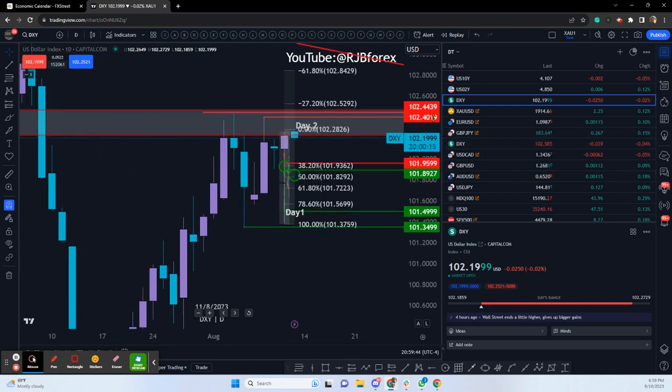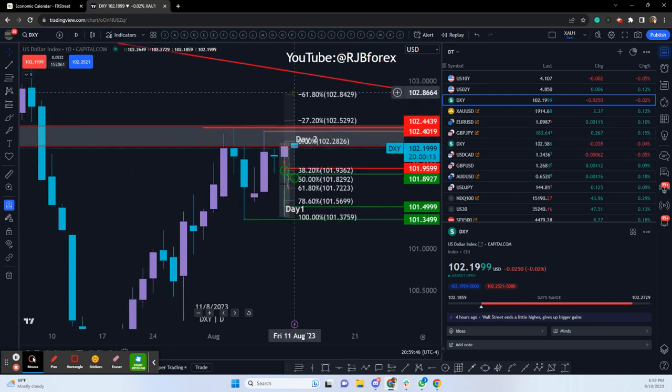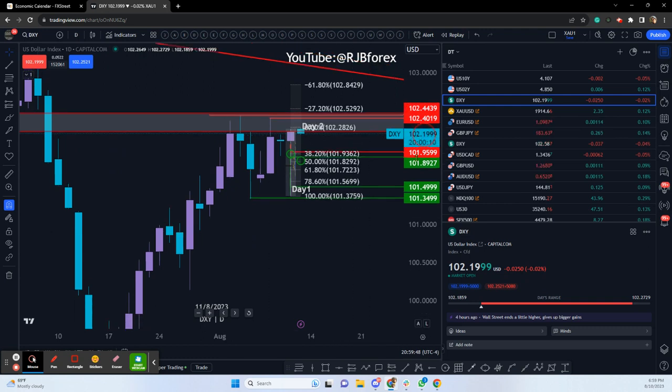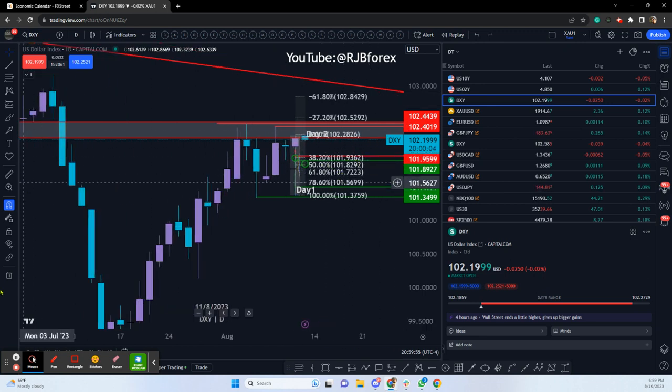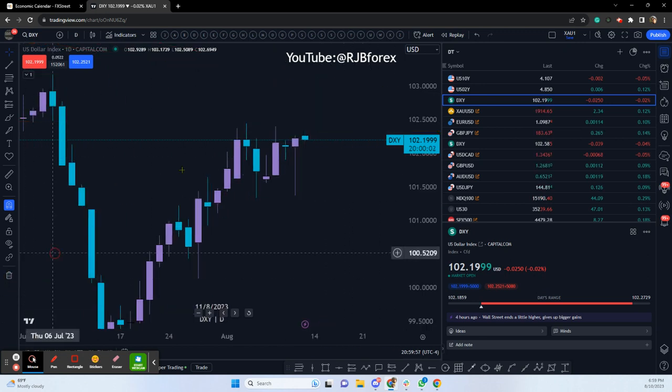On the daily chart, on the other hand, we may have a continuation in play. I'm just going to get rid of all of these markings and start fresh.